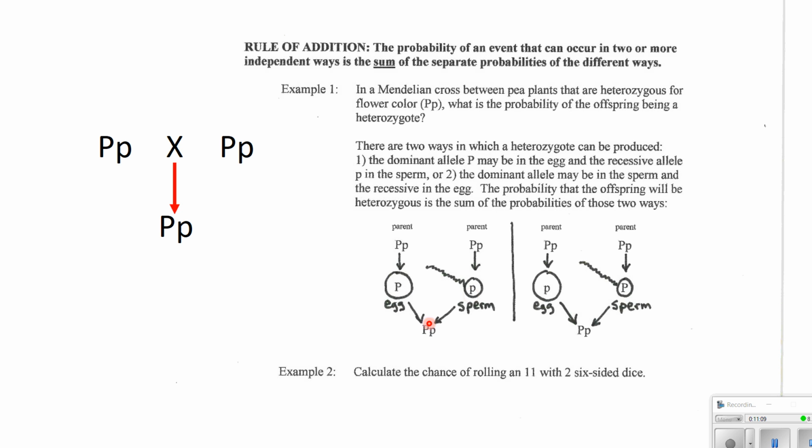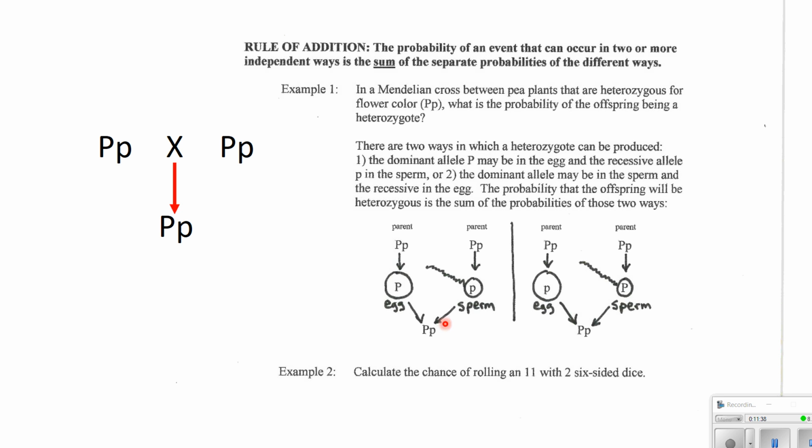But that's not the only way it could happen. It's possible that the first parent could pass down a little p in the egg, and the second parent pass down a big P in the sperm. That would also give us big P little p. So there's two separate scenarios, two separate ways to end up with the same outcome of big P little p.